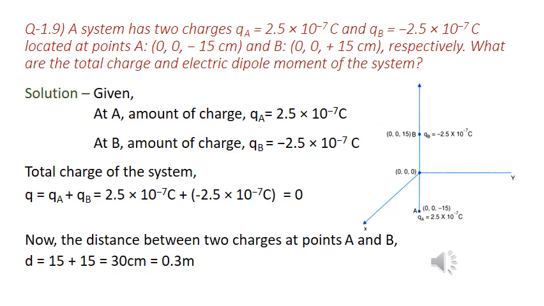Now to find out the dipole moment of the system, we have to calculate the distance between the 2 point charges. From the figure we can see that the distance of charge A from the origin is 15 centimeter and that of charge B is also 15 centimeter. So the total distance between the two charges is 30 centimeter, or in meter we can write it as 0.3 meter.